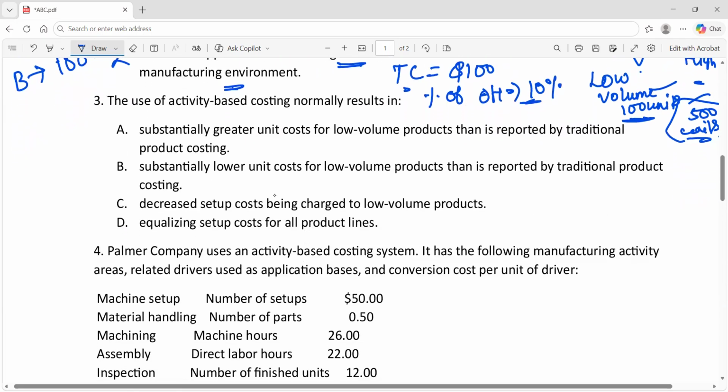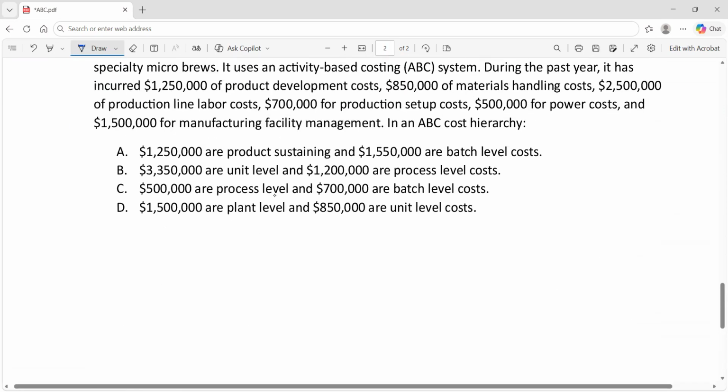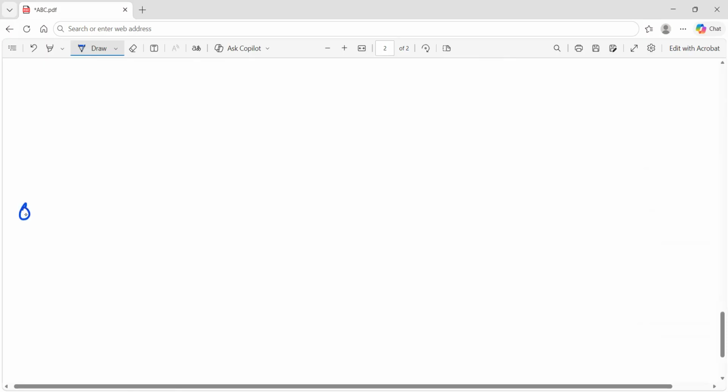Third question. The use of activity-based costing normally results in. Okay, so here they have given some options, but before that, I'll just take an example here. For example, we have spaces over here. So this is for question number 3.